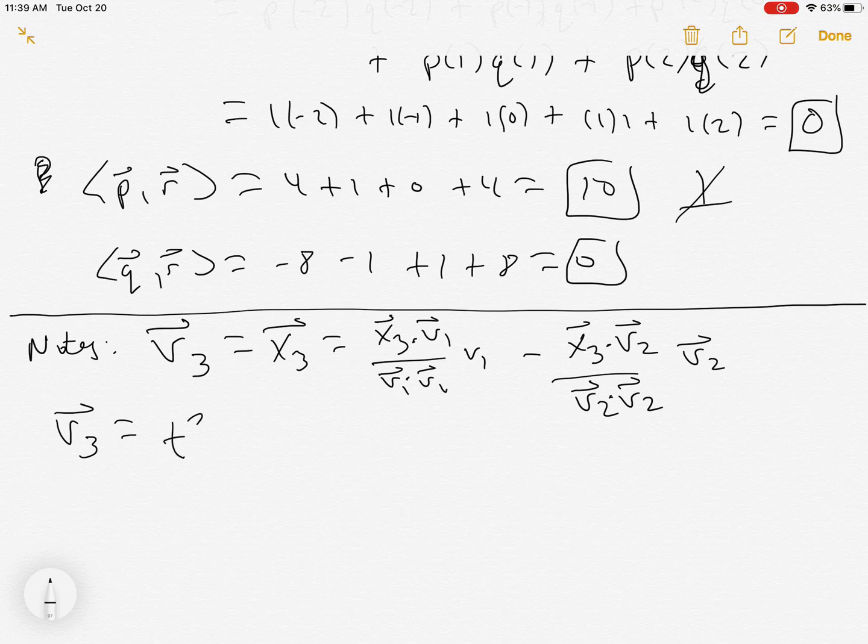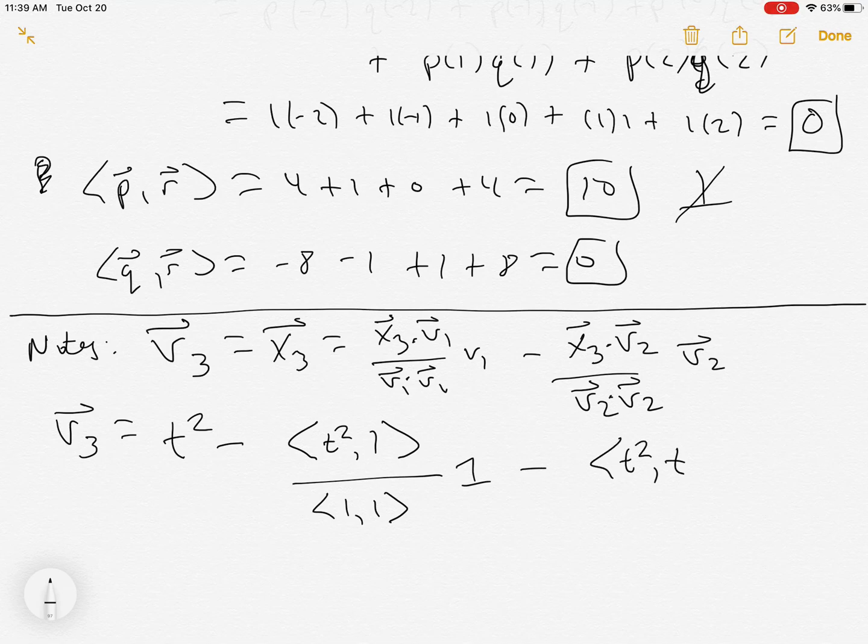x3, which is t squared, minus the inner product of t squared and 1 over the norm of 1 times the vector polynomial 1, minus t squared inner product t over inner product t and t times t.